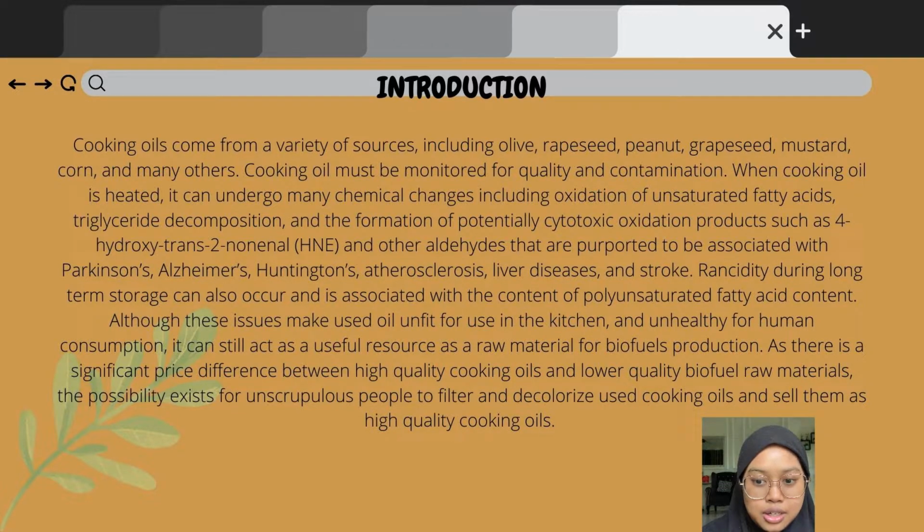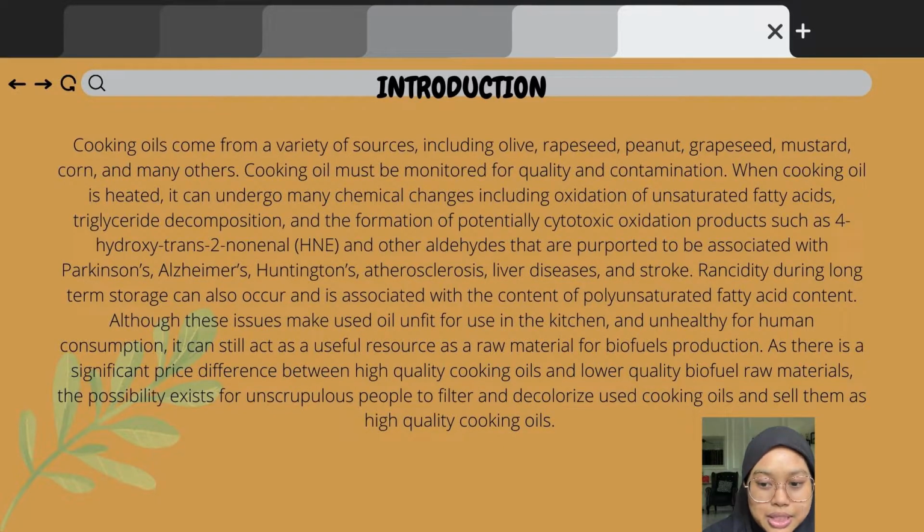Acidity during long-term storage can also occur and is associated with the polyunsaturated fatty acid content. Although this issue makes used oil unfit for use in the kitchen and unhealthy for human consumption, it can still act as a useful resource as a raw material for biofuel production, as there is a significant price difference between high-quality cooking oils and lower-quality biofuel raw materials.